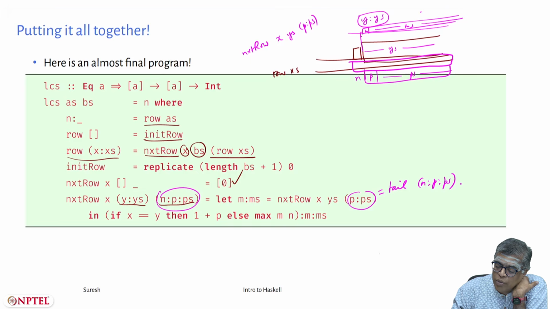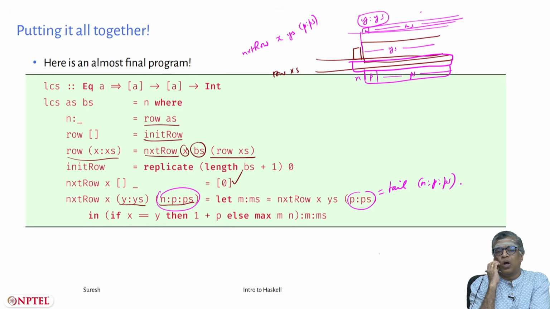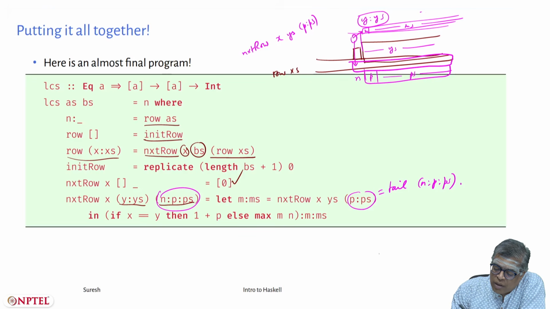What I want to do is get a new value based on this m, this n and that p. That is basically what I want to do. I want a value here, and the value depends on the value to the right, the value right below and the value diagonally below. So m and n and p. This is basically the algorithm.